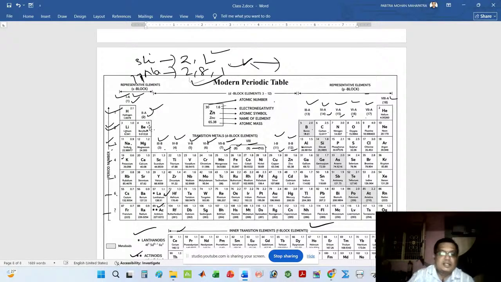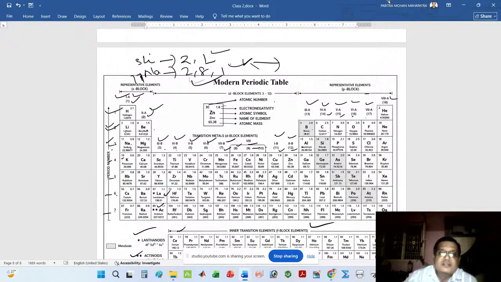So there is a repetition of the property after a regular interval. After you cover 18 elements, that is the 18th group, you start your journey again from the first group, first column, that is IA. The same property will be found.